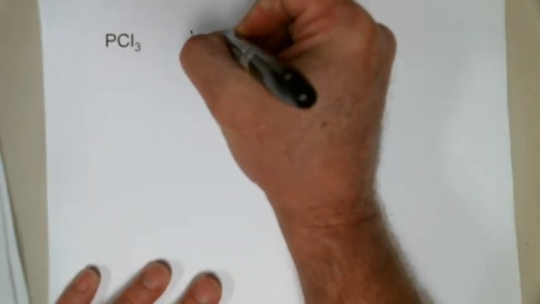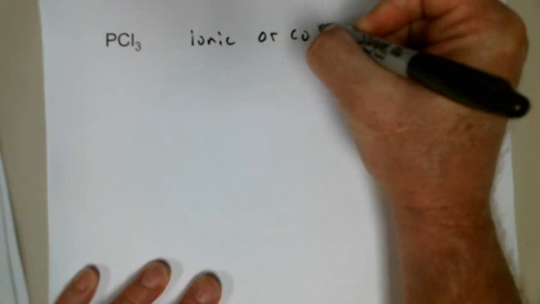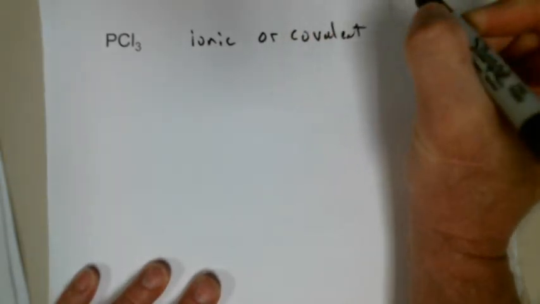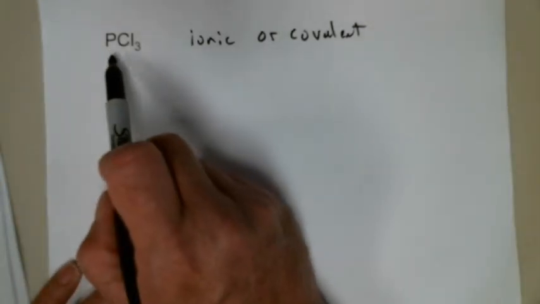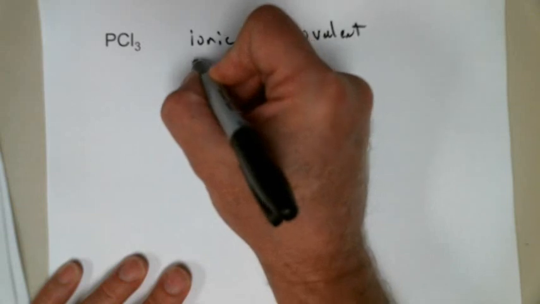PCl3. Okay. So again, first question is always, is it ionic or covalent? Looking at the periodic table, you'll find that phosphorus and chlorine are both nonmetals.